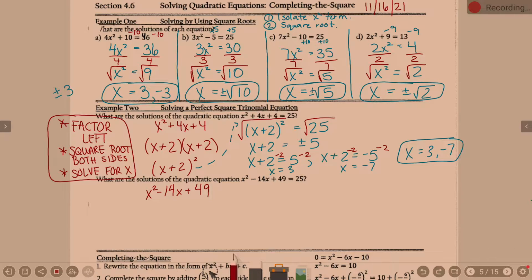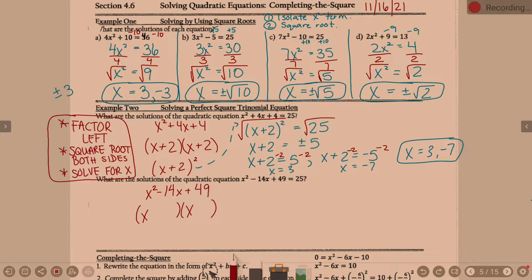Well, they're all square roots. They're all in the greatest common factor. No, they don't. Almost. You want them to, but. X squared breaks into x and x. What do you know about 49? The square root of 49 is 7, right?